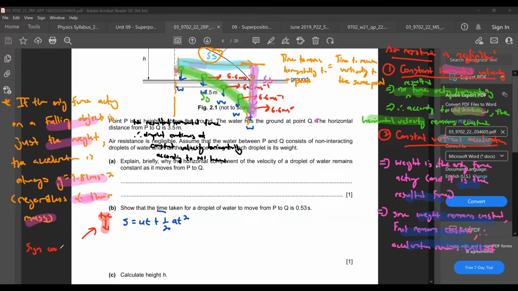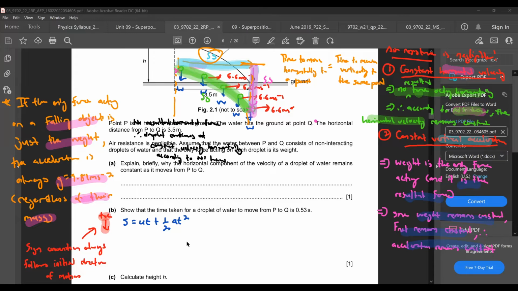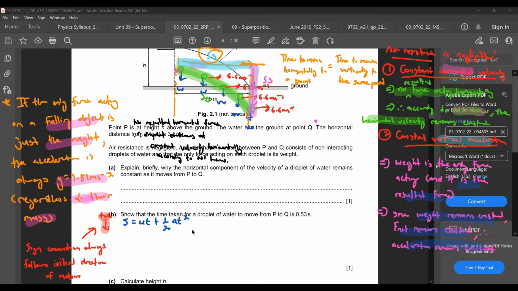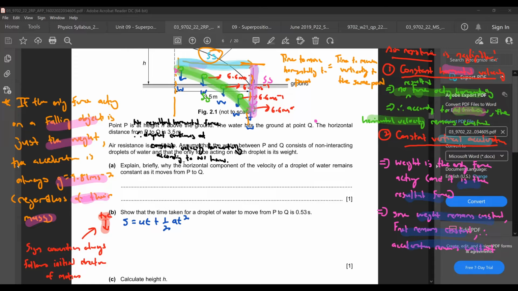Sign convention always follows the initial direction of motion. That is how I always do my sign convention. If the thing was moving down, my sign convention is downwards positive. If the thing was moving up initially, my sign convention is upwards positive. Okay. Some of you may not have used the term sign convention. Some of you learn it differently. So I'm not too sure about that one yet, but I'll just show you how I do mine usually. So downwards is positive for me.